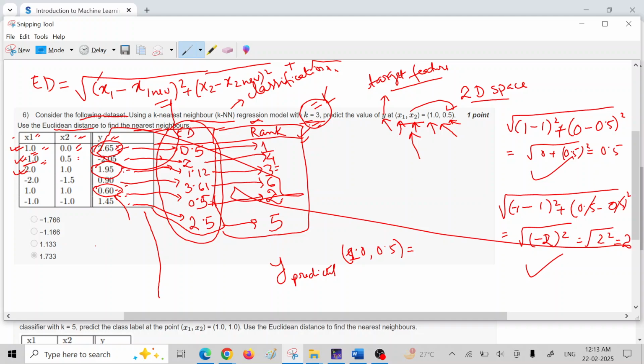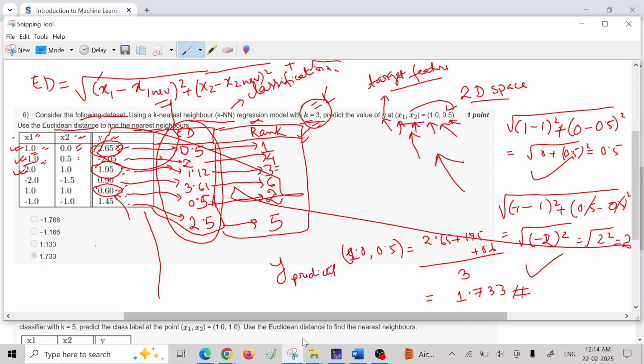For the 3 neighbors that we have considered, we will add up their y values and then take the average. 2.65 plus the second one, 1.95, plus the third one, 0.6, divided by 3, because we need to consider 3 neighbors. This final value is 1.733. So this will be the predicted y value for this new data point.